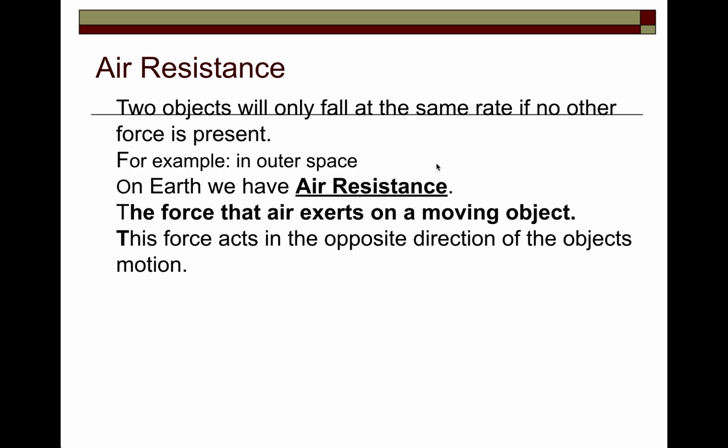Air resistance. Two objects will only fall at the same rate if no other force is present, for example in outer space. On Earth we have air resistance, the force that air exerts on a moving object.